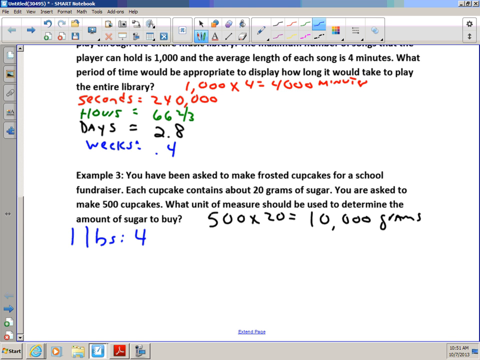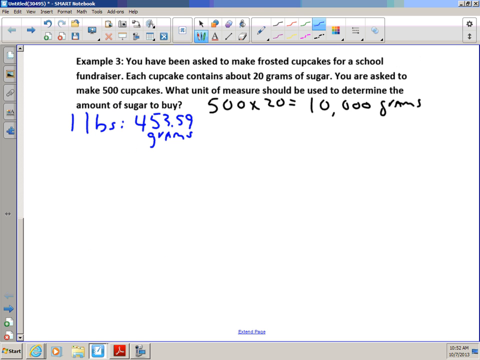So if 1 pound is equal to 453.59 grams, I can figure out the pound equivalent. You can set up a proportion of 1 pound to 453.59 is the same as X, my unknown pounds, over 10,000.